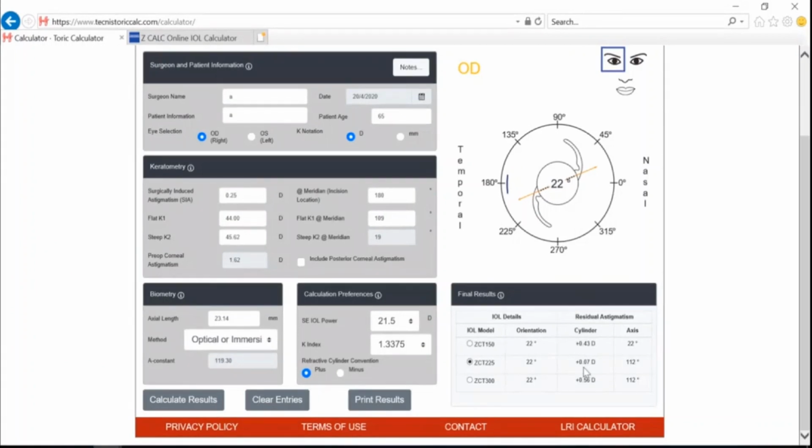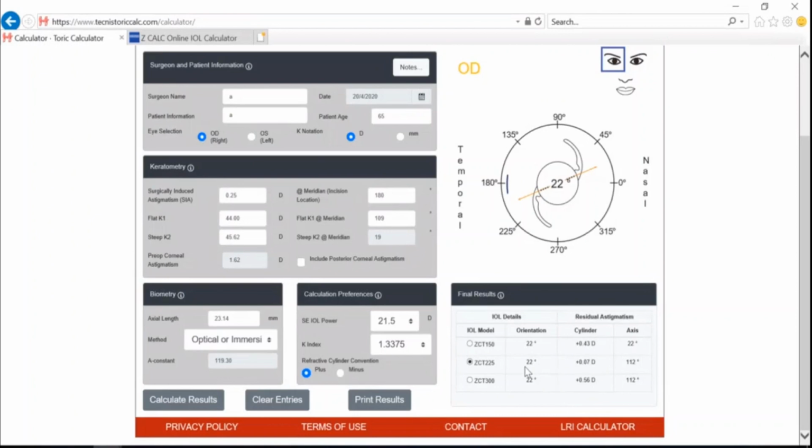But what happens to the steep axis? Now the steep axis is at 112 degrees, because this is a plus cylinder. When you compare it with the original astigmatism, the steep axis is opposite.